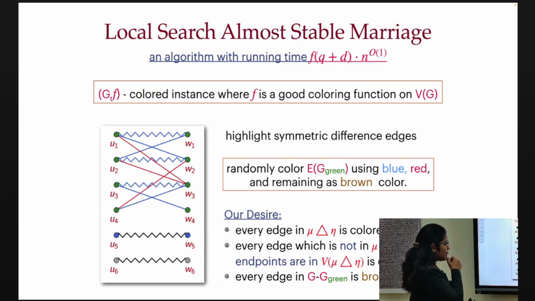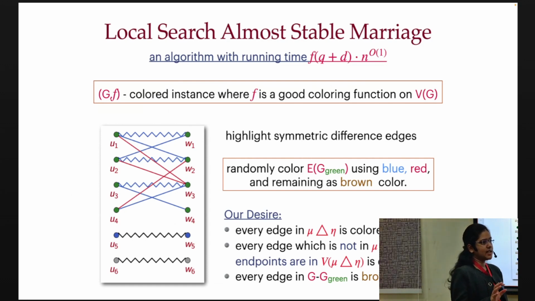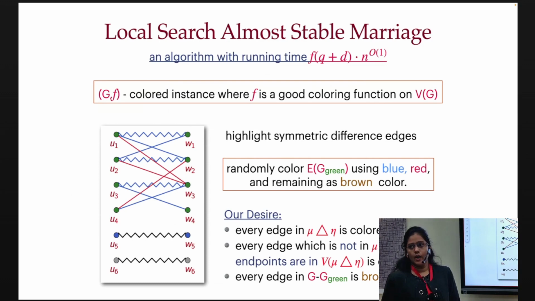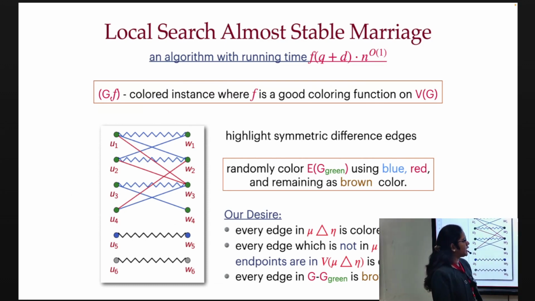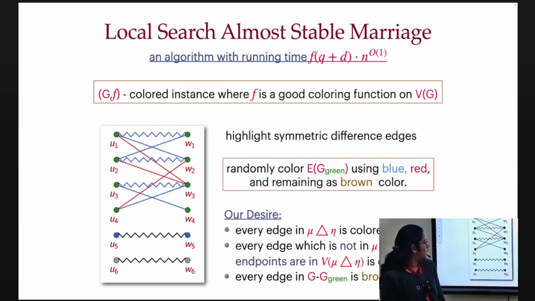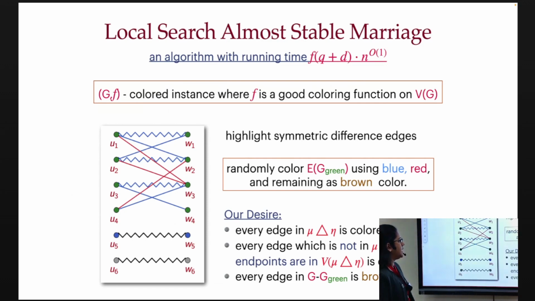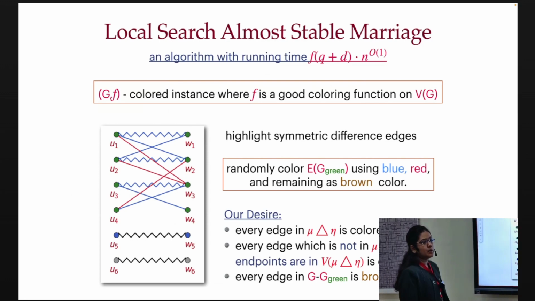So now what we want, because again our function is just this, we do random coloring. Now we need to understand what is the probability of good coloring and what is good coloring for us. We want that every edge in mu symmetric difference eta is colored blue. We want that every edge which is not in mu symmetric difference eta but its endpoints are in mu symmetric difference eta, is colored red.